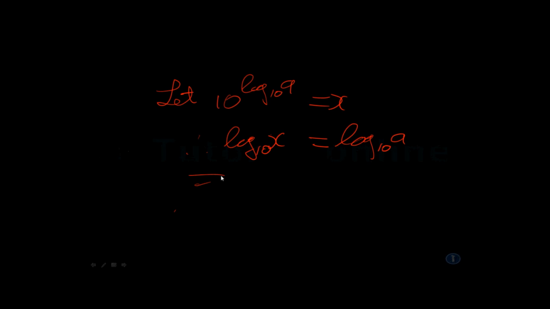This can only be true if x is equal to a. Therefore, we can state from this proof that 10 to the power of log of a to the base of 10 is always equal to a. So if my base and my exponent in this equation is the same, then the value of this result, as proven using the basic definition of logarithms, is equal to the value of a.